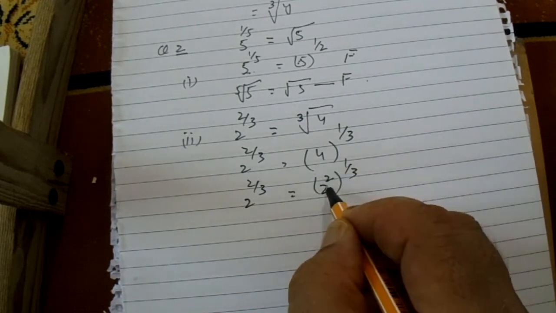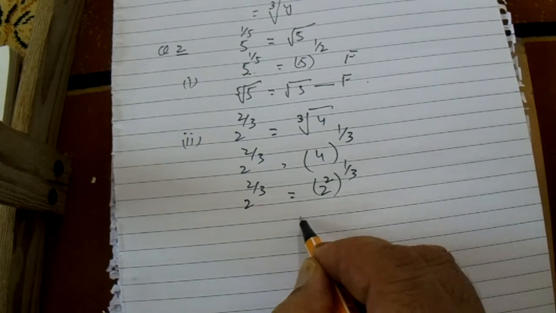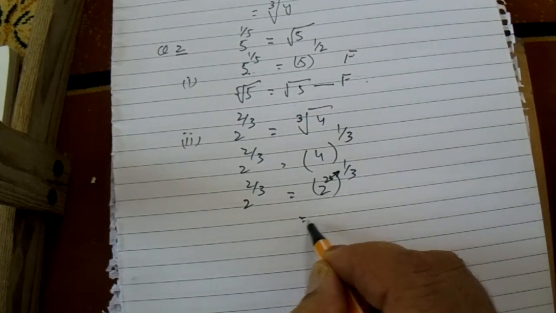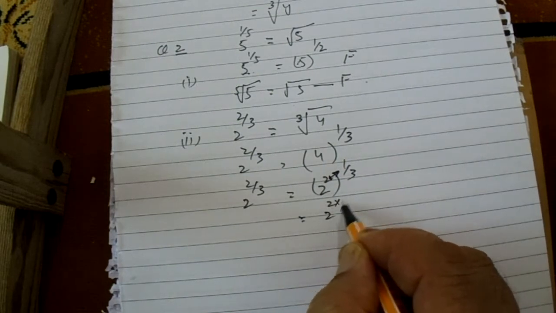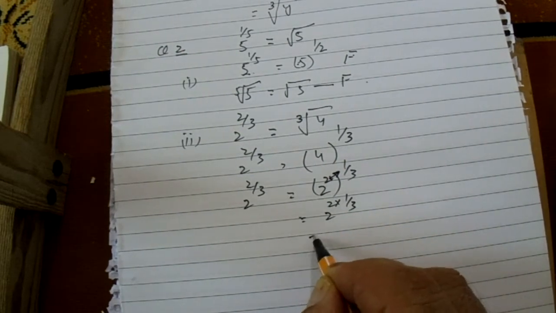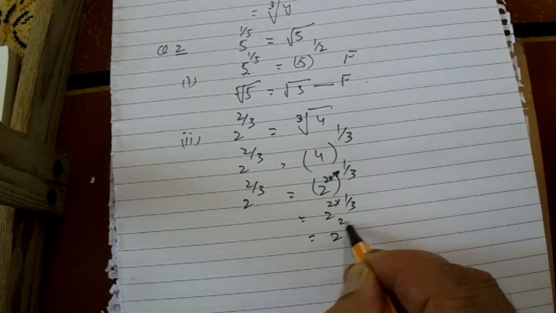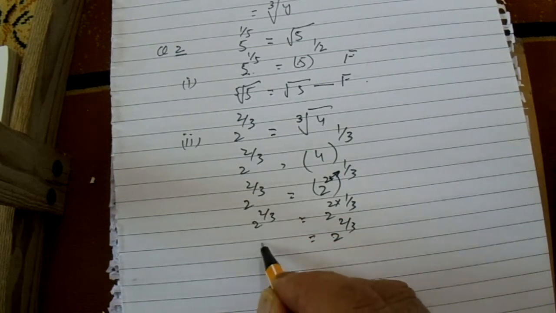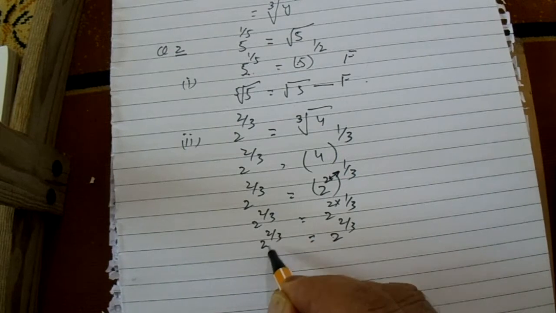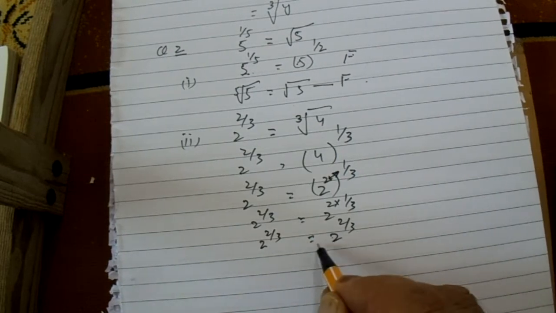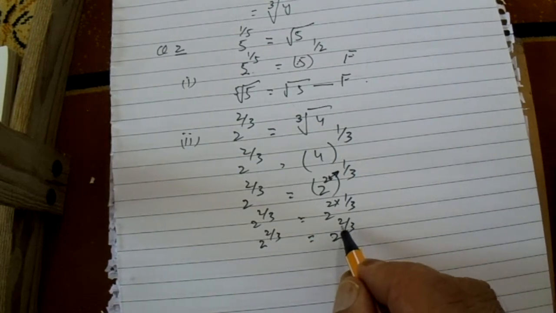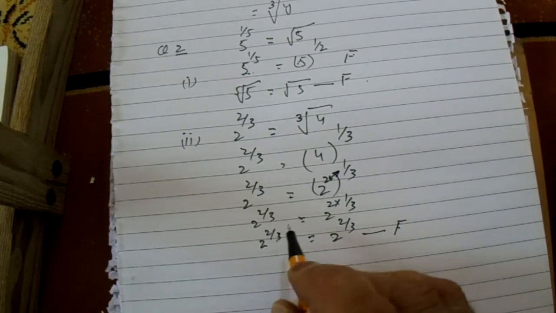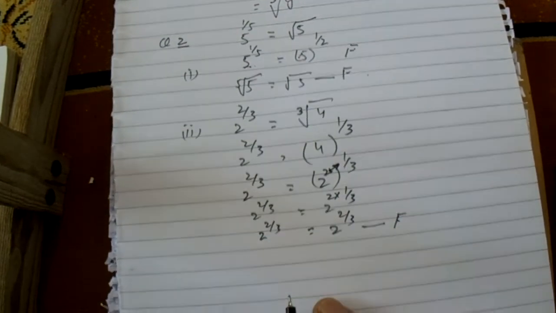This 4 is written in this form, 2 power 2. Now power over power, the powers will multiply. It means 2 multiplied by 1 over 3 gives 2 power 2 over 3. Again 2 power 2 by 3 is equal to 2 power 2 by 3. Now it is true. Both sides are the same. Left hand side is equal to right hand side.